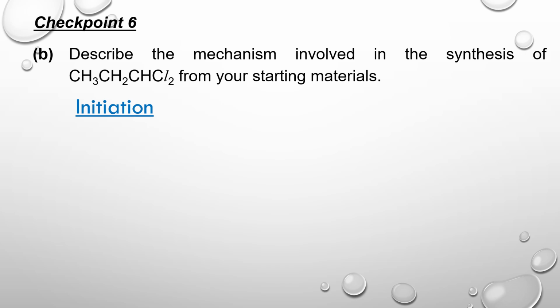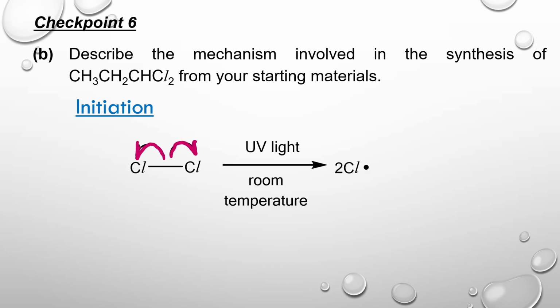In the initiation stage, the Cl-Cl covalent bond undergoes homolytic fission. Note the way half arrows are drawn. It shows each chlorine atom taking back its own electron in the covalent bond to form chlorine free radicals.